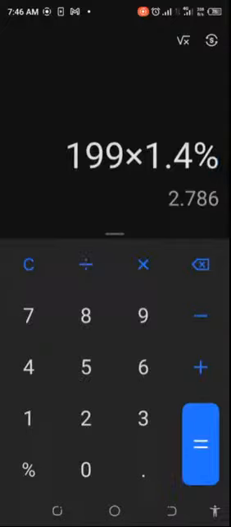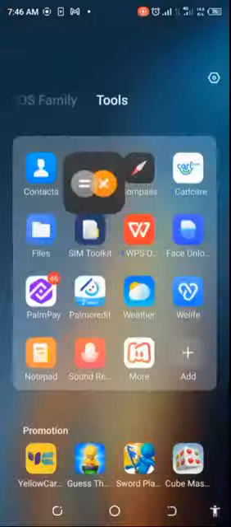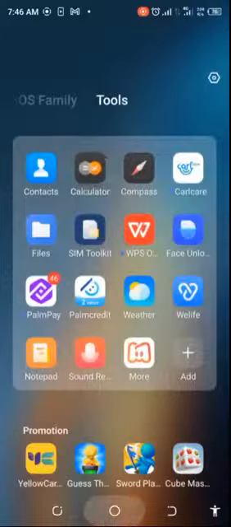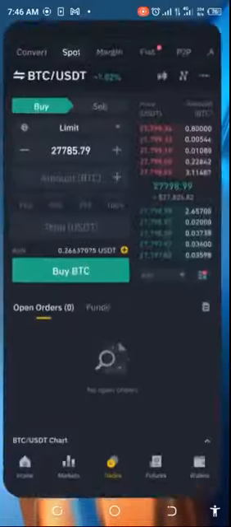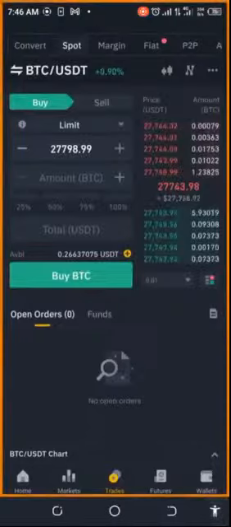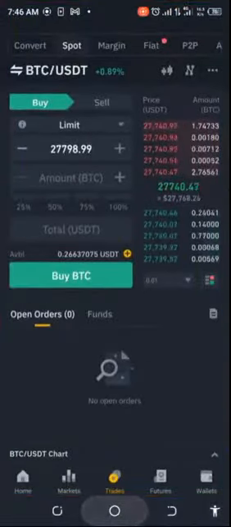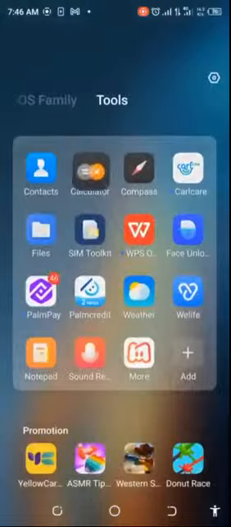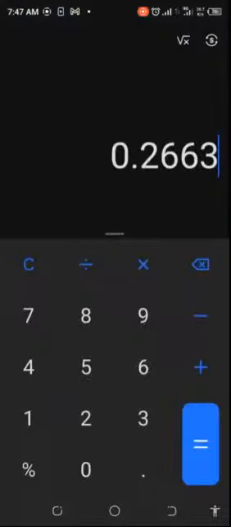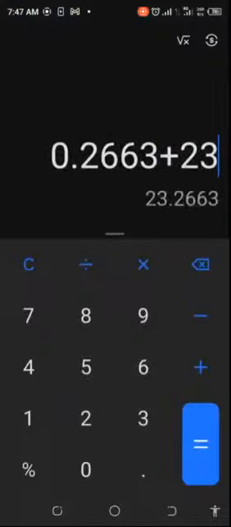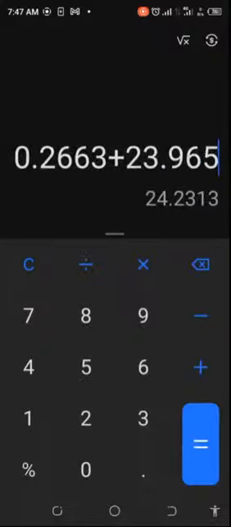So let's now go back to the global amount. The global amount really is what we've made, plus what is in Binance. So what do we have left in Binance? We have 0.2663. Let's take that and add it to our 23.9658.